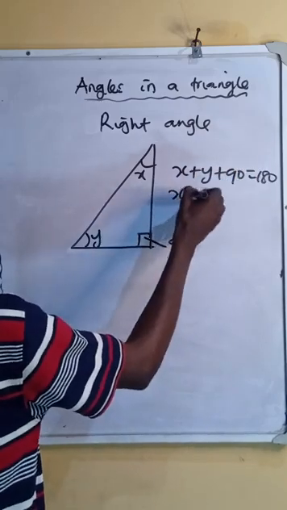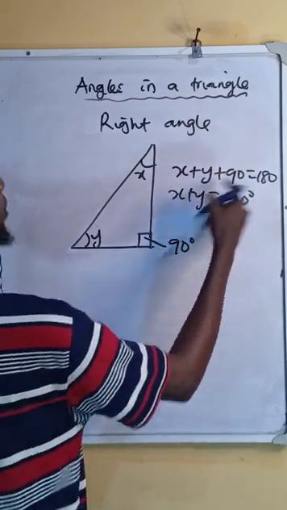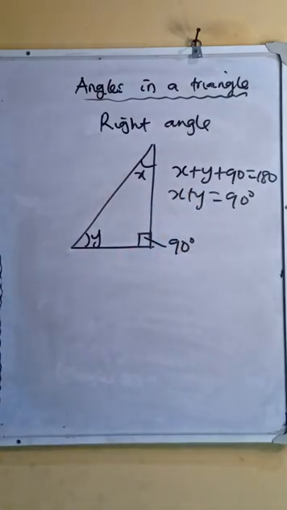You see that the two other angles that are left add up to 90 degrees. So when you know this, dealing with problems on angles in a triangle will be very simple. In fact, you will love it. This particular math is just very simple and straightforward.